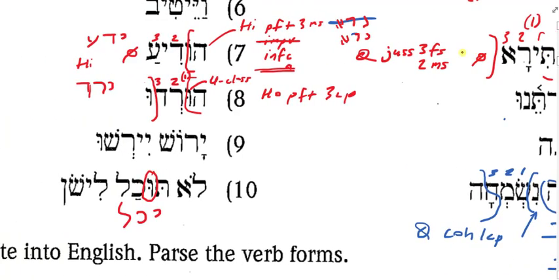But here, it's going to give me a shurik in the cal imperfect. So this is yukhal in the cal imperfect. With a prefix tav, it could be 2 things, 3 fs or 2 ms, right? So how would I translate that? If it's 3 fs, she will not be able. If it's 2 ms, you will not be able.